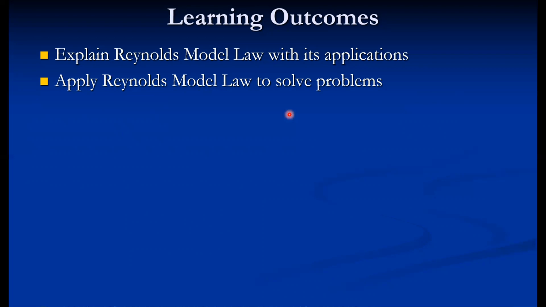As this chapter is Reynolds Model Law, whatever the numerical, it is applicable for Reynolds Model Law. But in actual practice, you should be able to recognize which particular model is applicable, and that we can easily recognize with the help of the statement. If you solve n number of problems, then you can easily recognize, based on the dominant forces in addition to the inertia force.